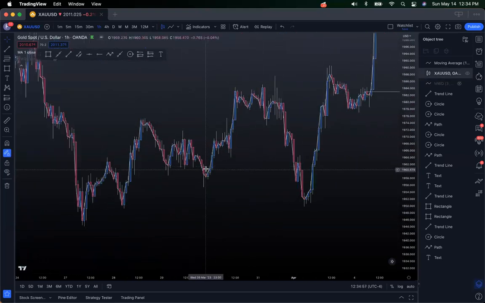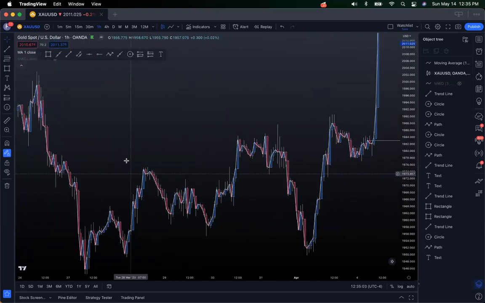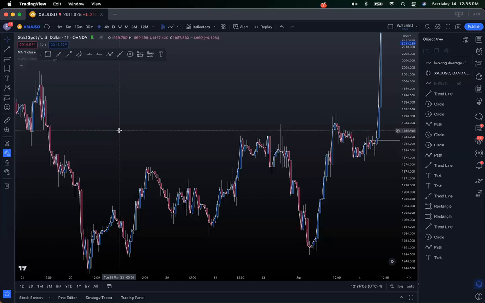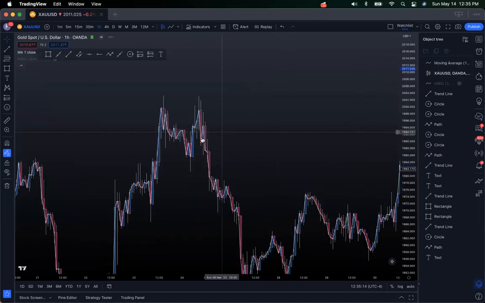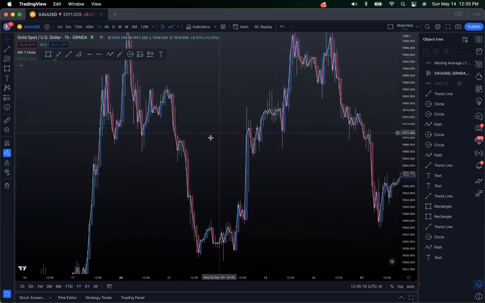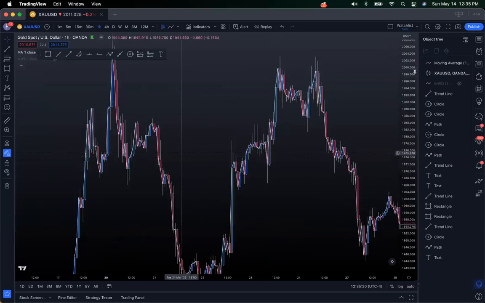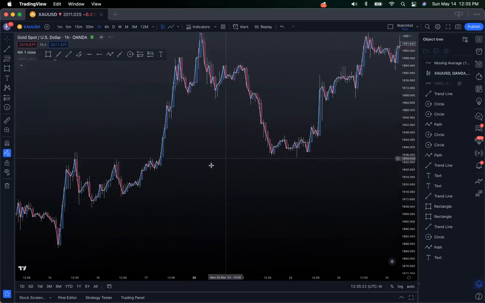Some more examples. I have some more examples in my folder.